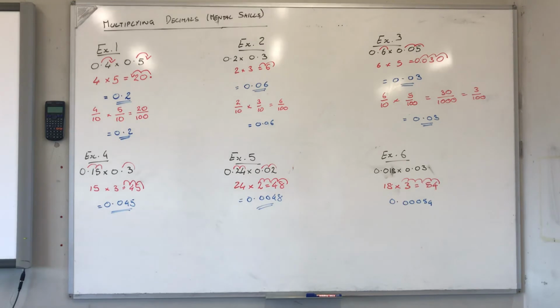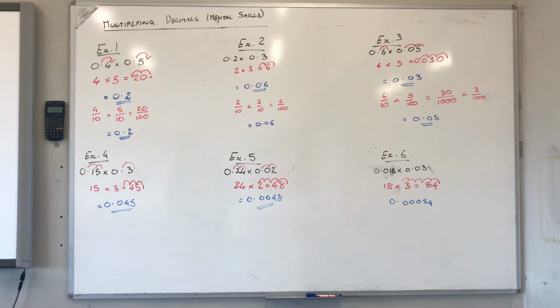So, I can see here in that second one, 2 tenths times 3 tenths gives me 6 hundredths. And 6 hundredths, we know what that is as a decimal, it's just 0.06, so we can just write it like that. 6 tenths times 5 hundredths gives me 30 thousandths, which we can just simplify to 3 hundredths, and we know that 3 hundredths is just 0.03.